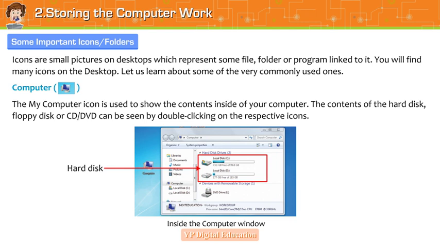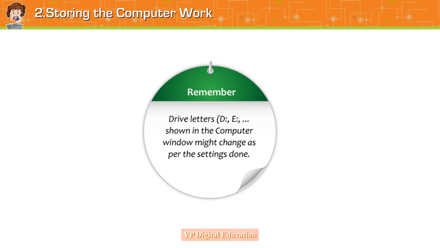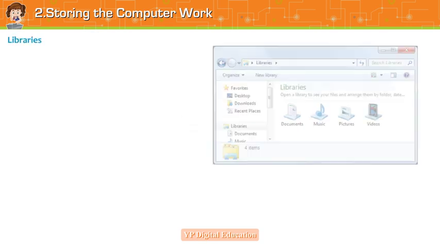The contents of the hard disk, floppy disk, or CD or DVD can be seen by double-clicking on the respective icons. Remember, drive letters D:, E:, shown in the computer window might change as per the settings done.